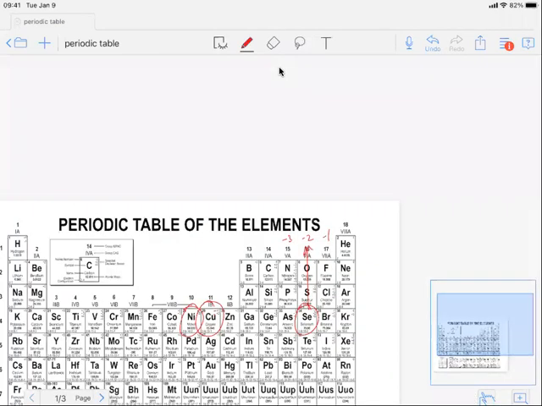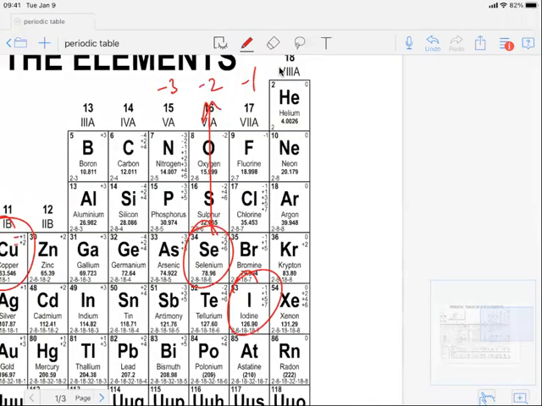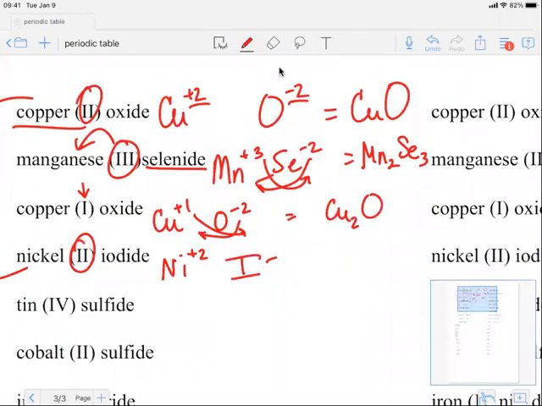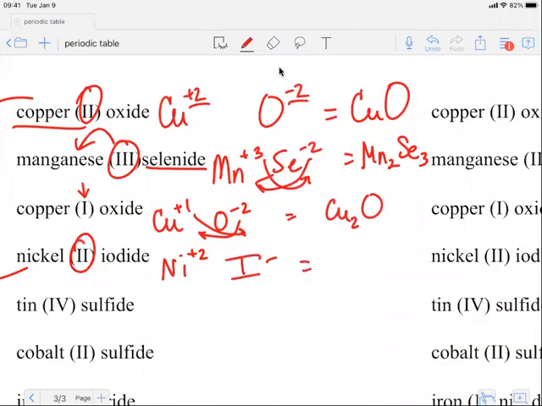Come back over here. There it is. -1. So I-. This time, you need 2 iodide for every 1 nickel. So it's NiI2. Also, be careful when you write your formulas about your capitals and your lowercase, because a capital N with a small i is nickel, and then you need 1 big I for iodide.